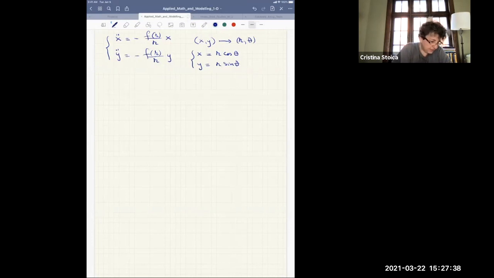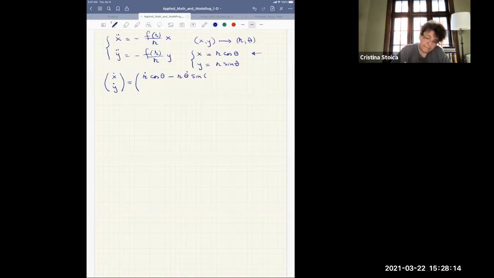I'm going to start writing these things in matrix format, and you'll see why. So x dot, y dot. For x dot, I have to take this and do its derivative with respect to time, and r and theta are also functions of time. So this will be r dot cos theta, actually minus r theta dot sine theta.